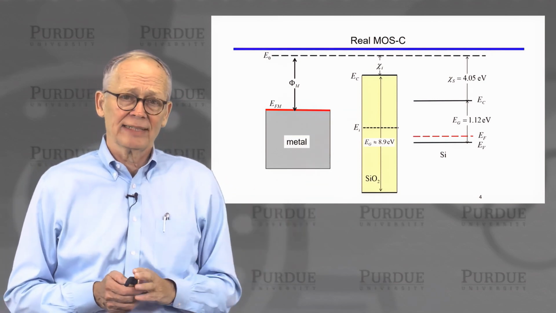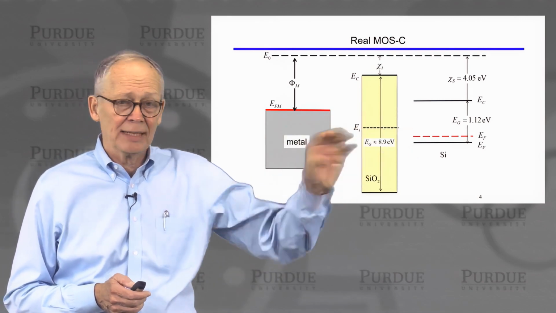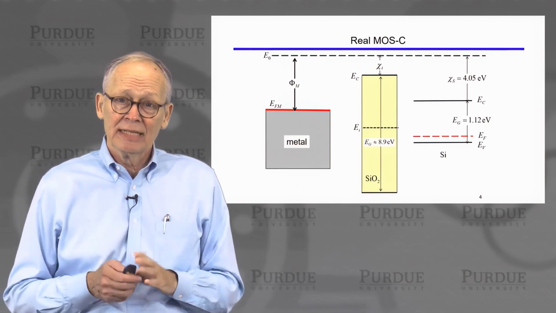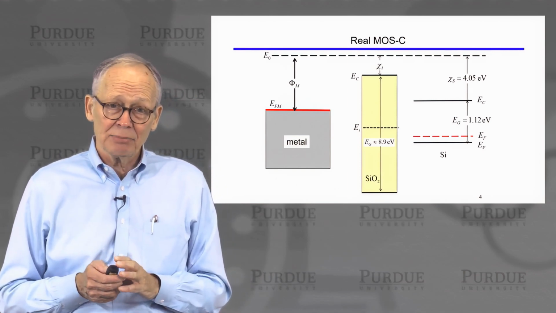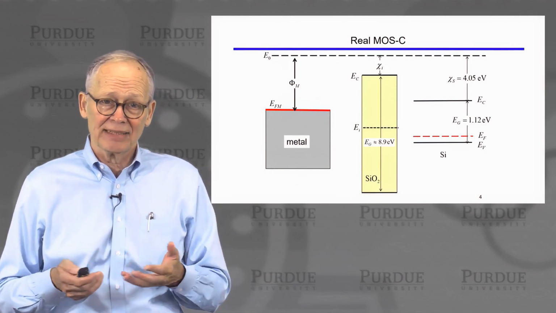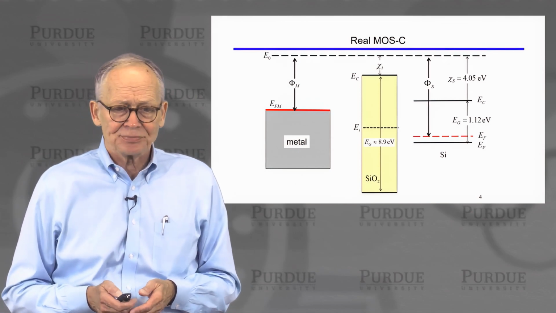So this is a more realistic example of what a metal oxide p-type semiconductor structure would look like before I put everything together. The Fermi levels do not line up, but we know in equilibrium, when we have one system, the Fermi level has to be constant everywhere. All right, so what needs to happen?